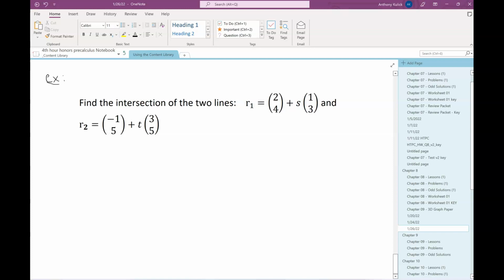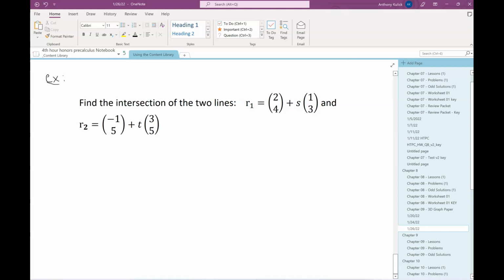Now, I want to say for a minute, there's nothing wrong with taking each of these lines and turning them into slope-intercept equations and then solving them as you would in your Algebra 2 class. However, doing this the vector way, which we're about to show you, becomes useful and becomes part of future routines.